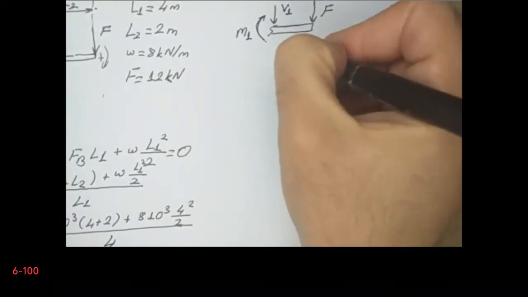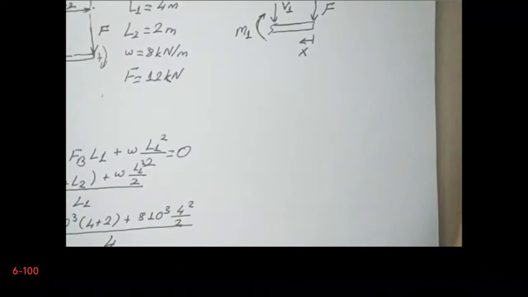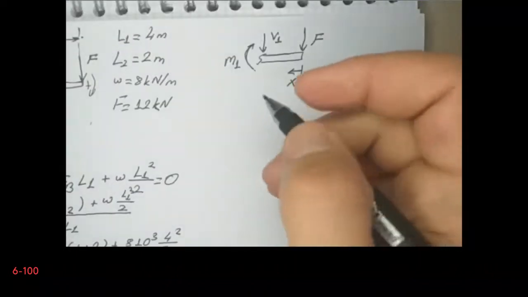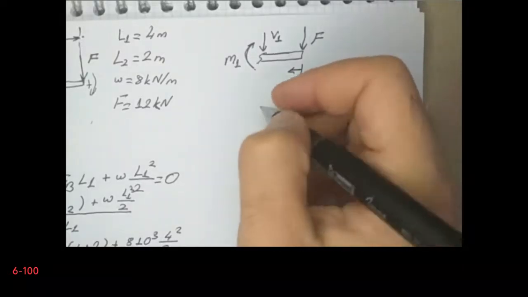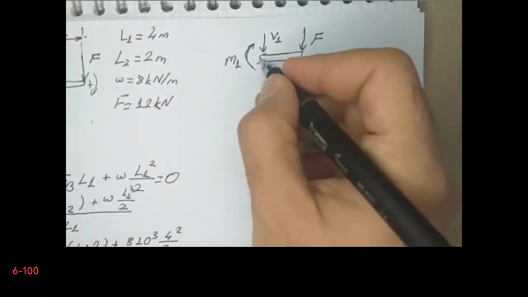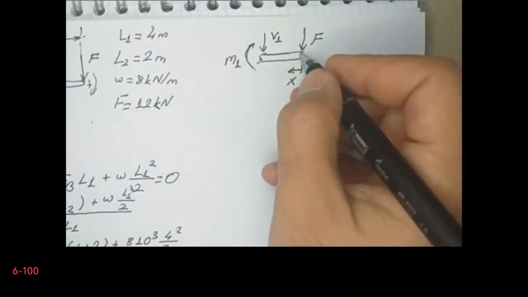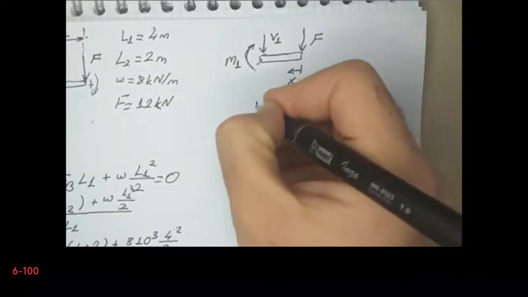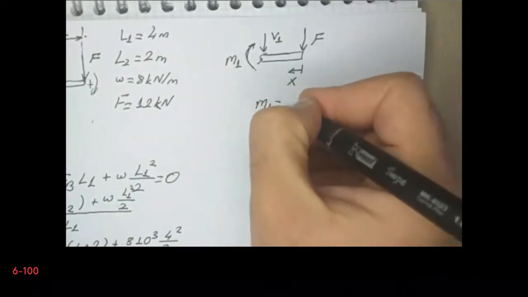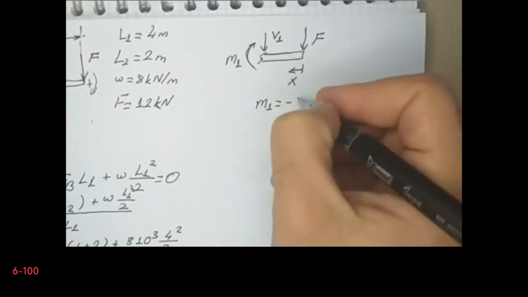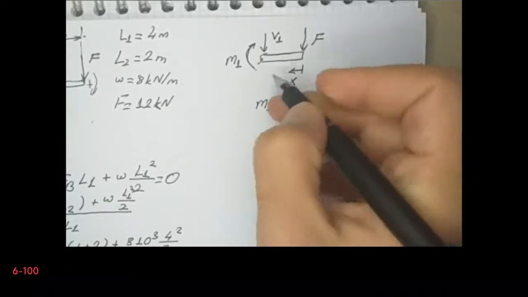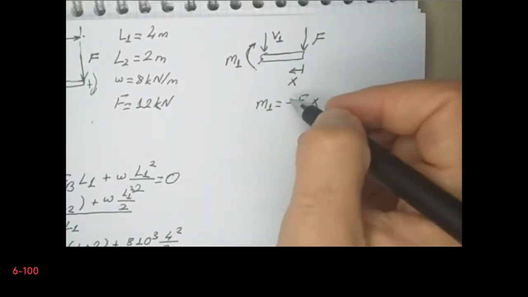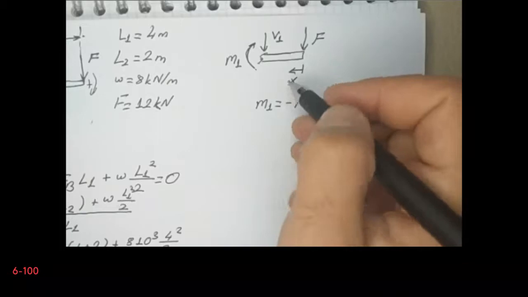For this piece I will write the static equilibrium. Obviously from here I can find the M1, so I will take the moment with respect to the cut. So with respect to this point has a moment arm of X. Therefore I can easily say that M1 is equal to minus F multiplied by X, because this piece has to be in static equilibrium in any case, and therefore the sum of the moments has to be equal to 0.